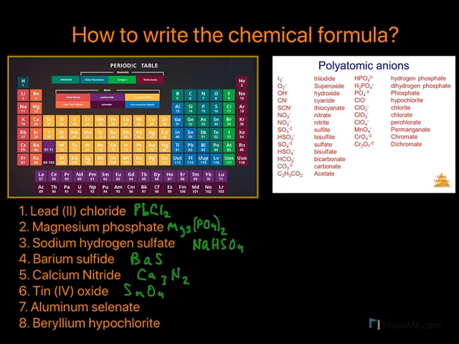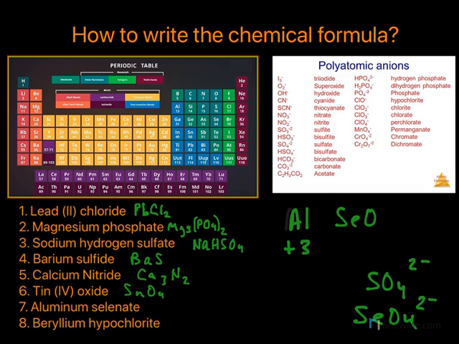Okay, looking at number 7, we have aluminum selenate. Aluminum is a plus 3 charge. Selenate is going to be similar to sulfate, since they're in the same group. Again, sulfate was SO4 2 minus, so selenate must be SeO4 2 minus, which is a minus 2.